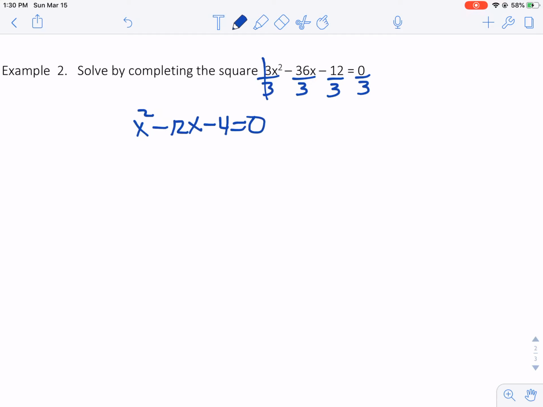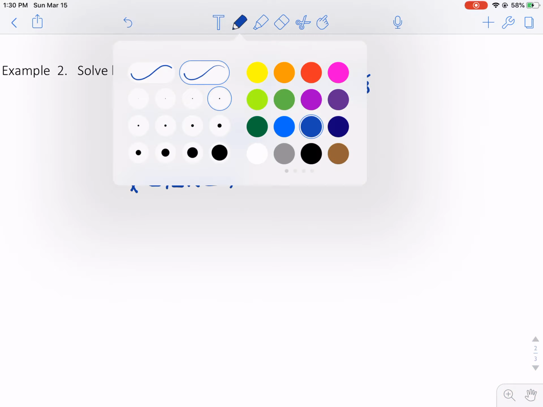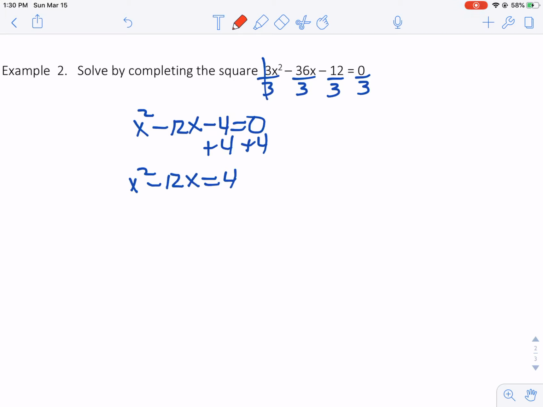So now that my x squared does not have a coefficient other than 1, I am ready to complete the square. First step, move your constant to the other side. So we're going to add 4. So you get x squared minus 12x equals 4. Second step, somewhere off to the side, take your b term, take half of it and square it. So my b term is the -12 that's touching the x, so I divide it by 2.